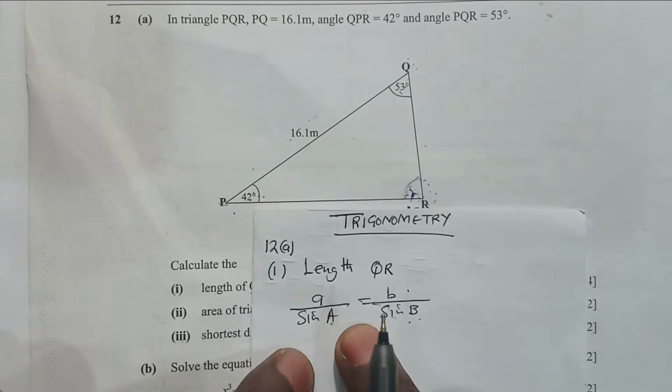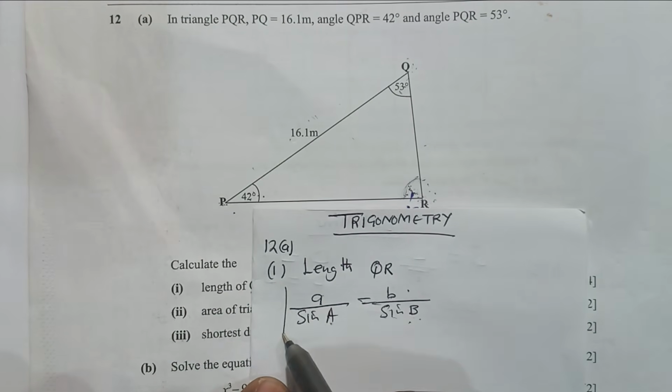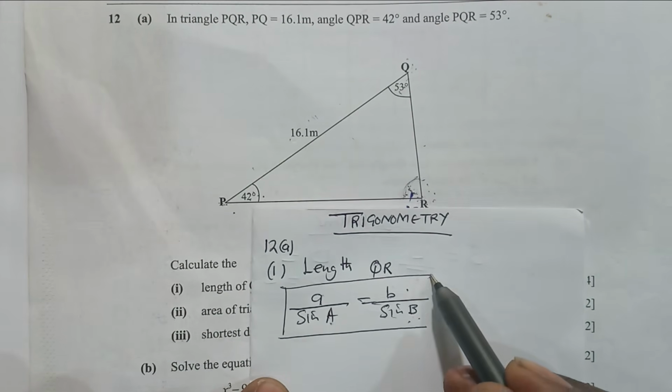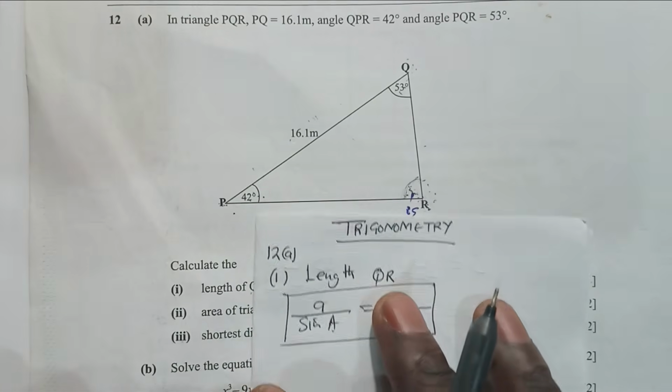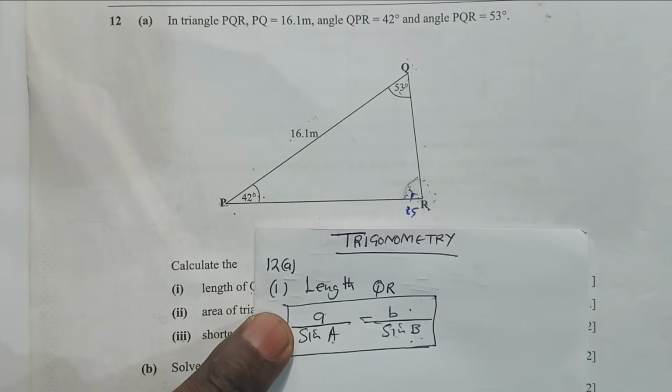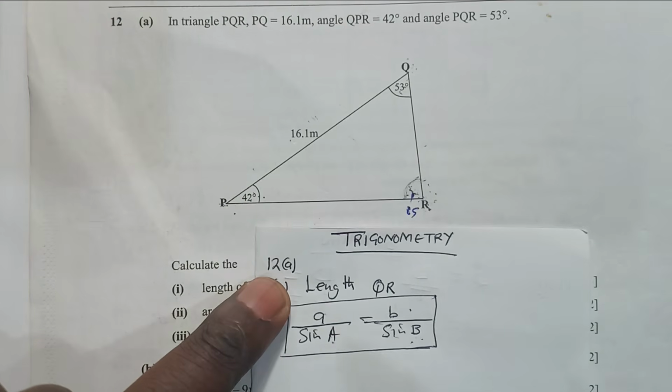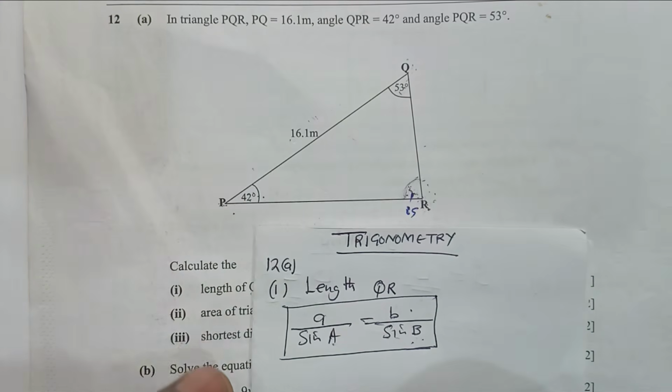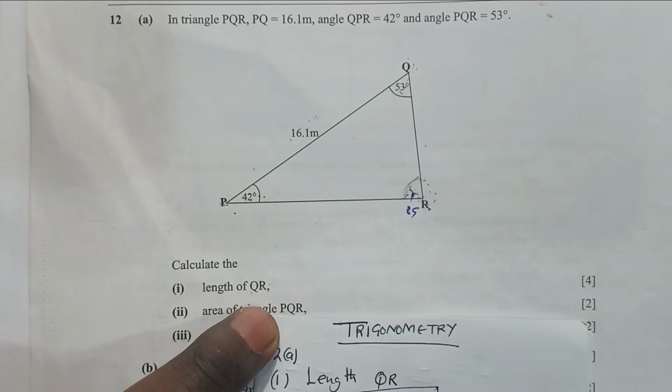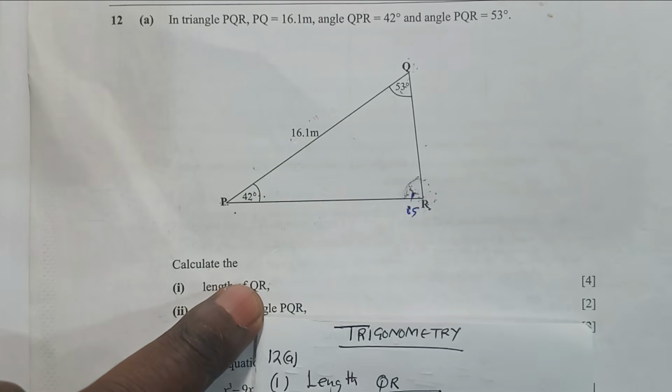We can change this standard formula for the sine rule to suit the letters that we have been given in the question. How can we do that? We have to find QR, so let's start with QR.